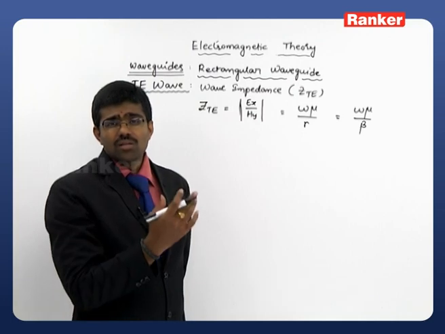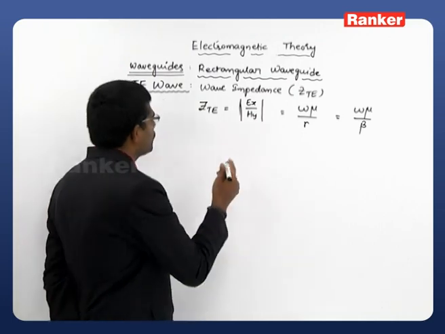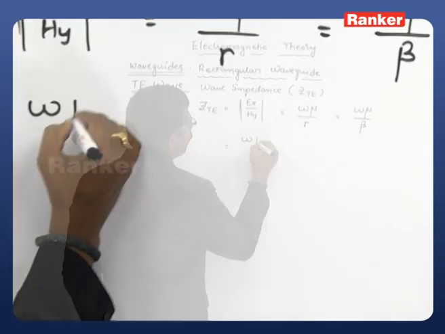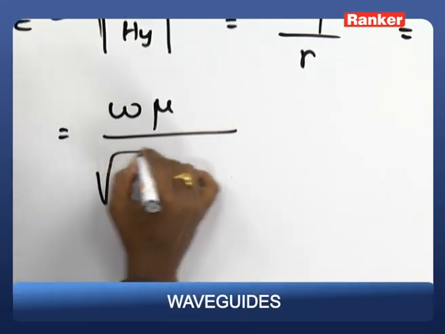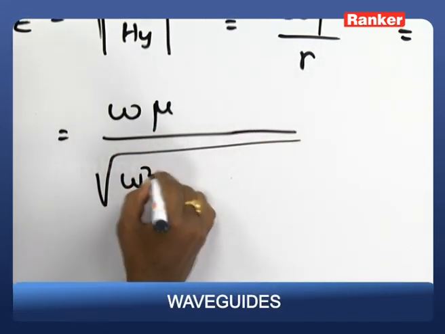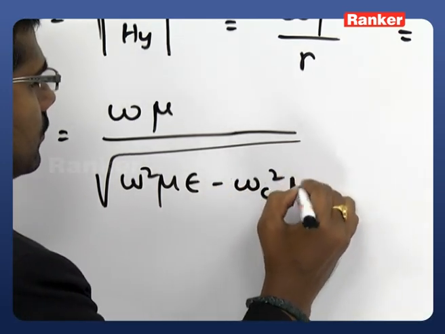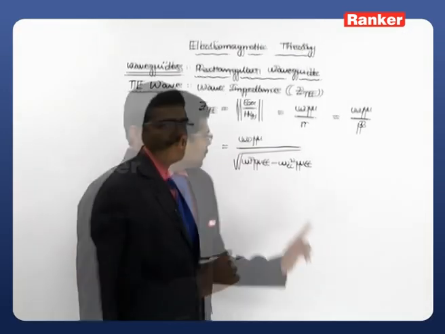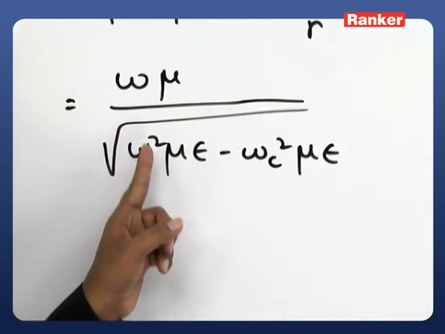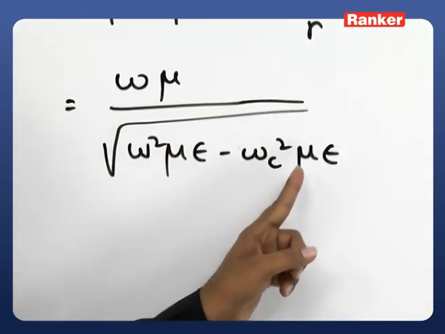Now already we have a simplified equation for beta. I will substitute there, which is equal to omega mu divided by, instead of beta you can write, this is omega square mu epsilon minus omega c square mu epsilon. So this is omega mu by omega square mu epsilon minus omega c square mu epsilon.